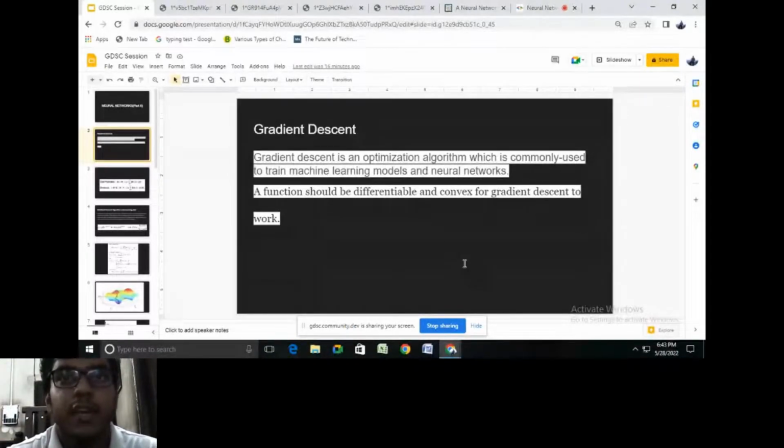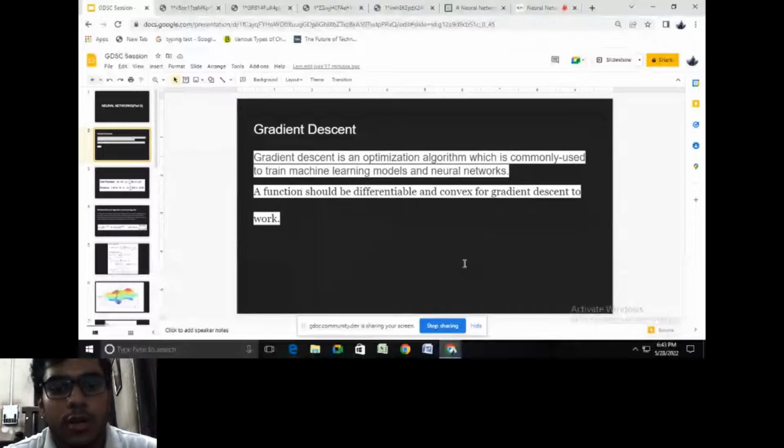We have some inputs and we have some outputs which are known to those inputs. And then we have to build a model which can predict the outputs as close as possible to the actual outputs. So here is where gradient descent comes.